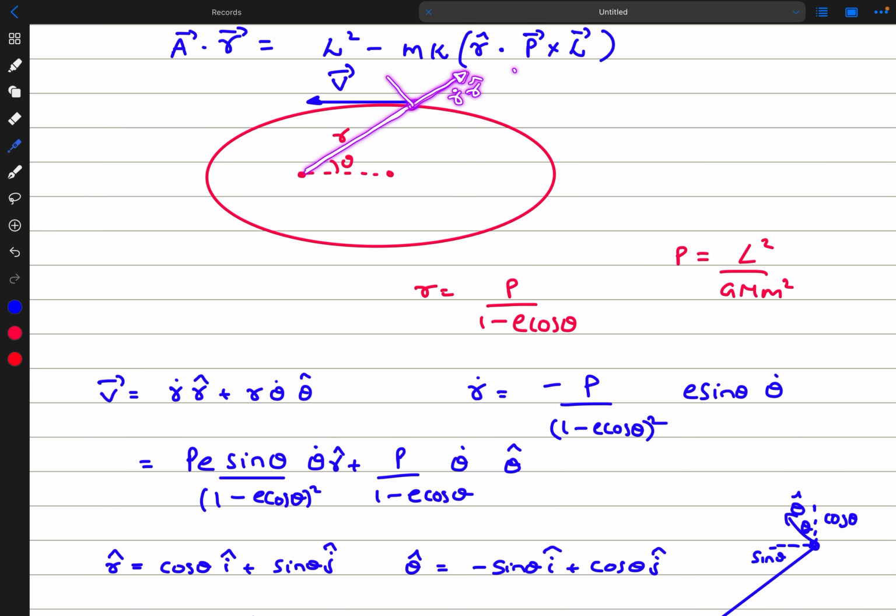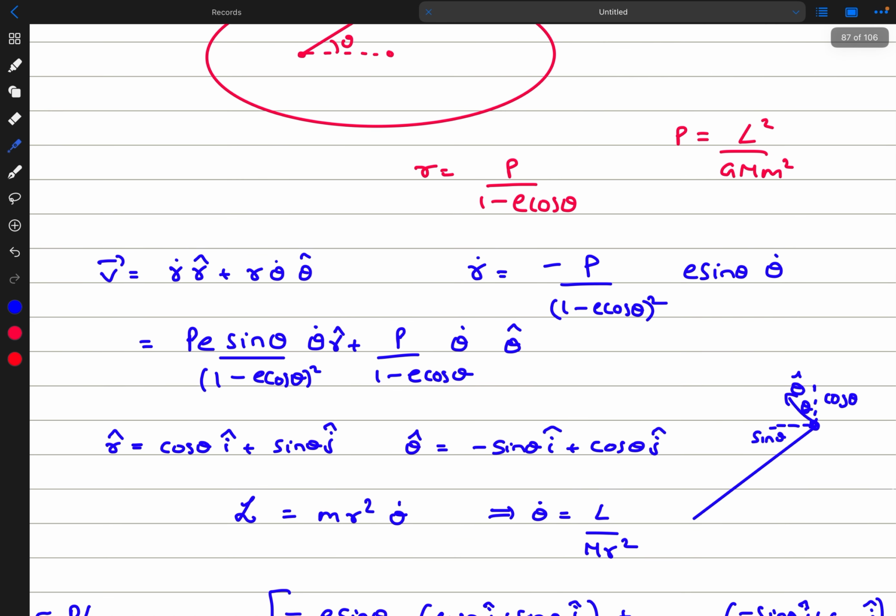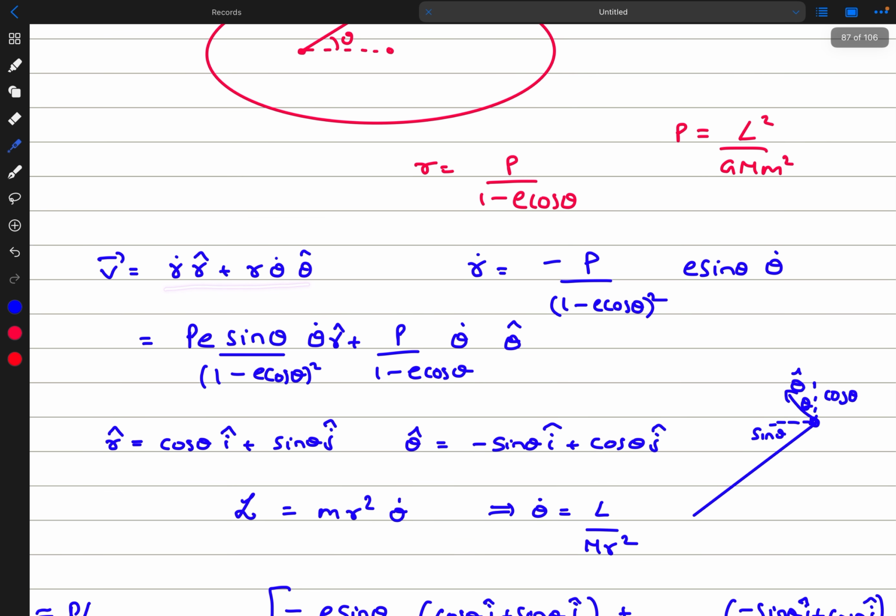And then another component r theta dot, which is basically r d theta by dt, in the theta cap direction. And theta cap direction is that direction which increases the angle theta. So it's going to be in this direction. And in equation, this is how it is written.